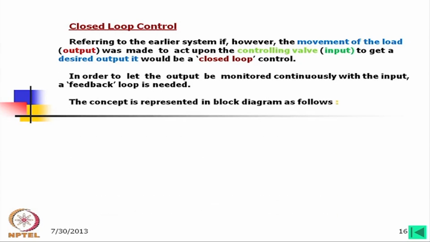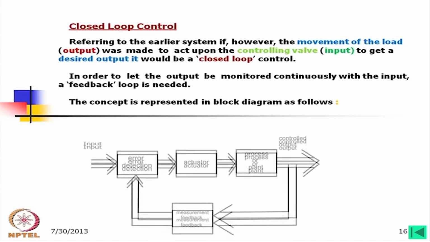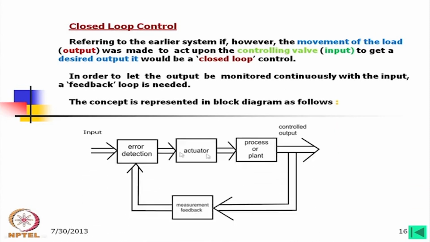The concept is represented in the block diagram as follows. Now, what is there? An input, then error detection, then actuator, process or plant, then controlled output, and there itself a feedback which is coming to the error detection, and then it is controlling the actuator.